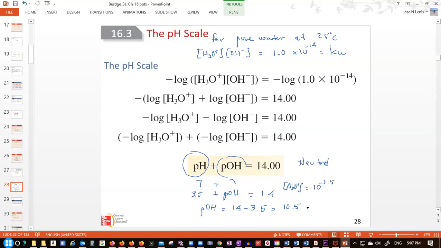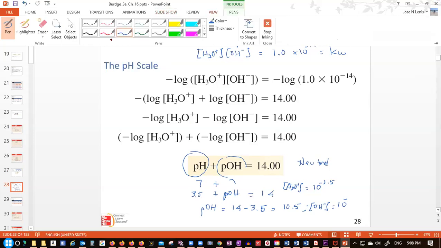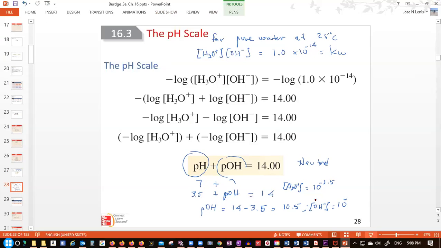Or for the pOH, you can find the concentration of OH minus equals 10 to the negative 10.5.